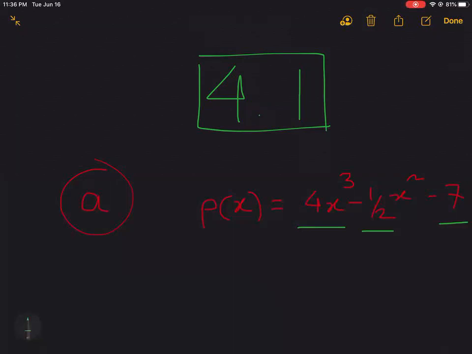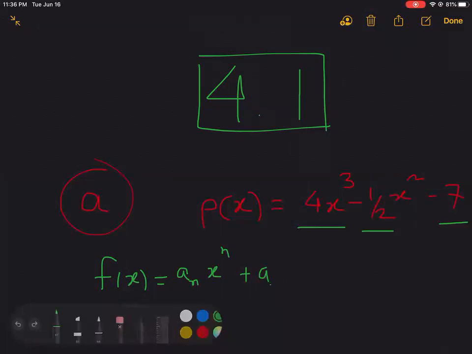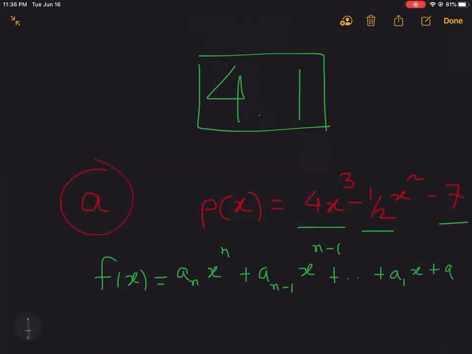So, if we have a polynomial in this format, a n x to the n plus a n minus 1 x to the n minus 1 plus dot dot dot plus a1 x plus a naught.